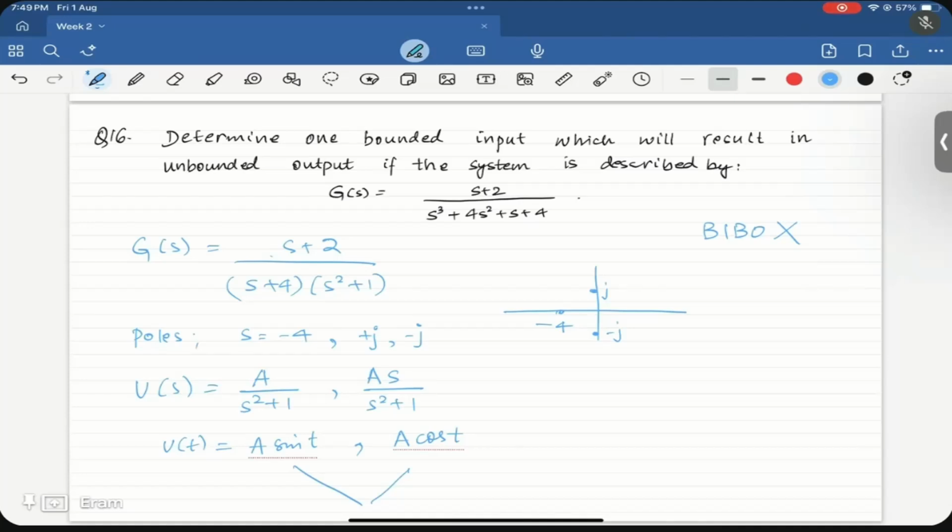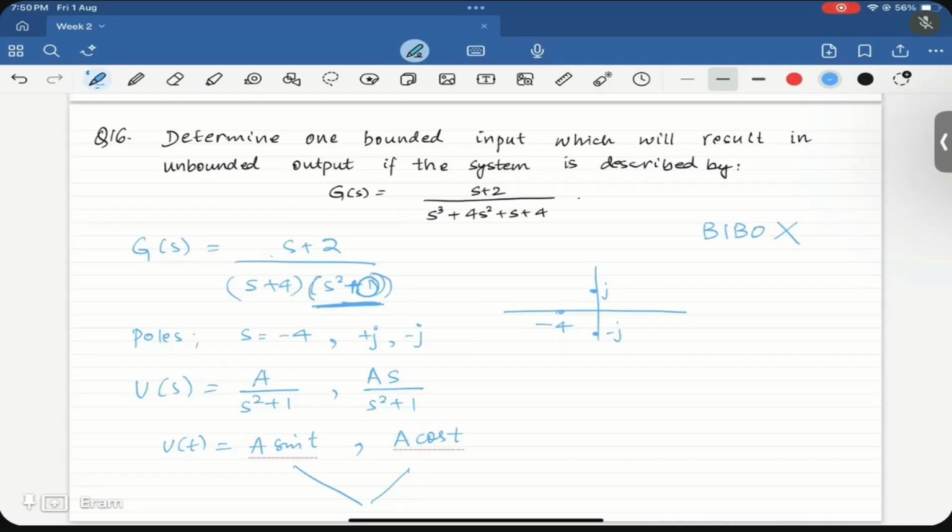Another way to identify is to select a sinusoidal sine or cos input whose frequency matches the frequency of the poles on the imaginary axis. So the frequency is 1.